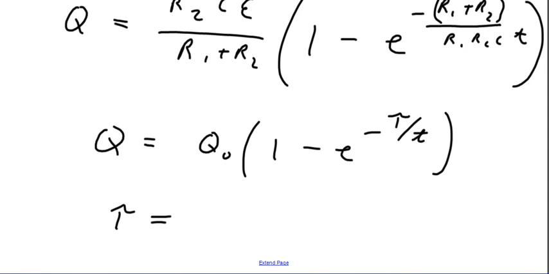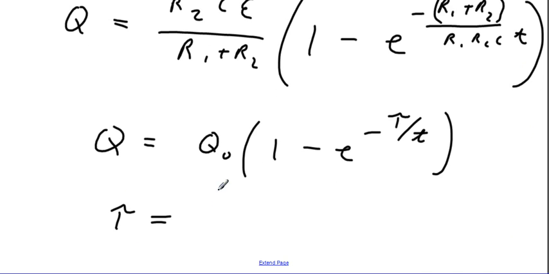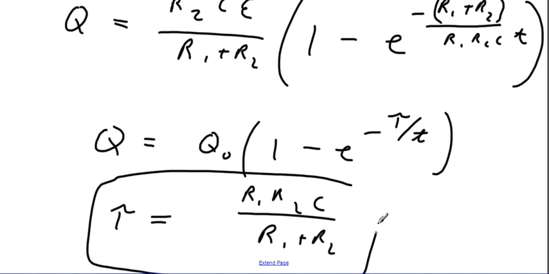So the time constant is sitting right there in our equation. The time constant is going to be R1R2C over R1 plus R2. Oh, we all love that, I know. Well, that ends the problems I'm doing in chapter 26.